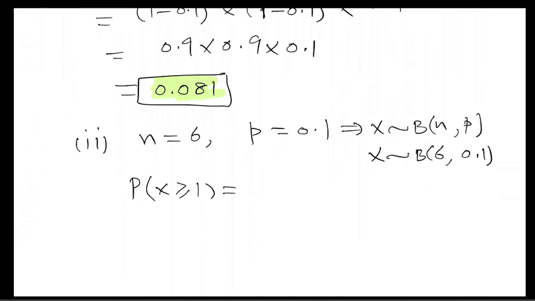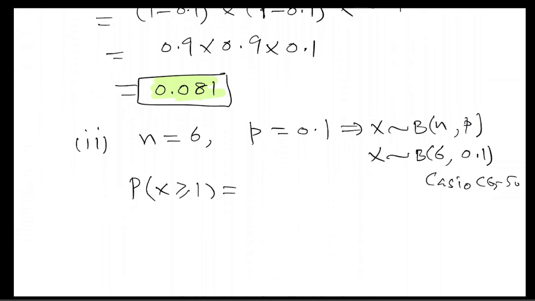Now I'll find it by calculator. I'm using the Casio CG50, but you can use a different calculator. In the Casio CG50, I'll go to menu and choose statistics mode. In statistics mode, I will press F5 for distribution, again F5 for binomial, and F2 for BCD.